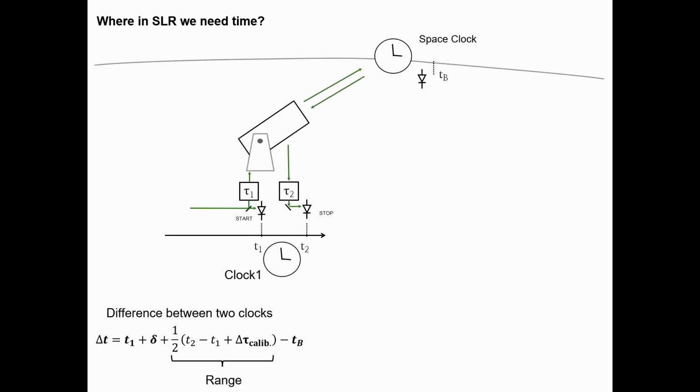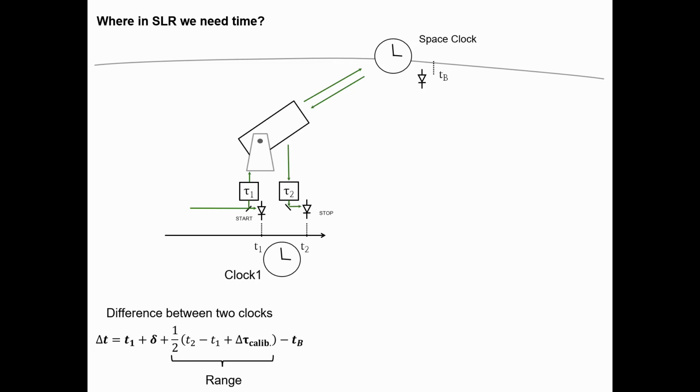Now let's look more in detail. In the SLR case, what do we actually need for performing time transfer using the SLR technique? In this case, the previous equation we can reformulate to derive the time difference between two clocks, one at the station and the second at some satellite.